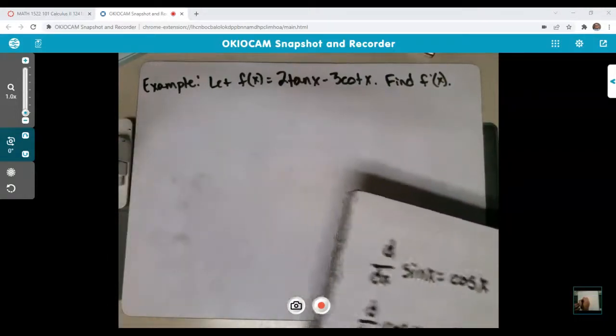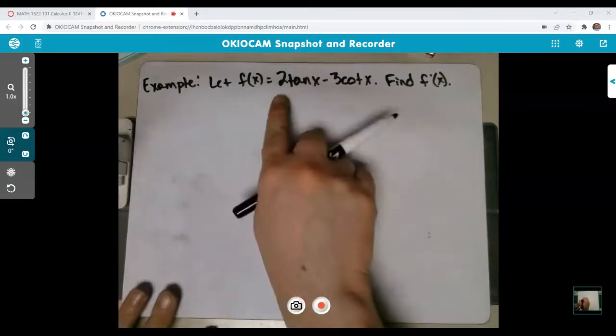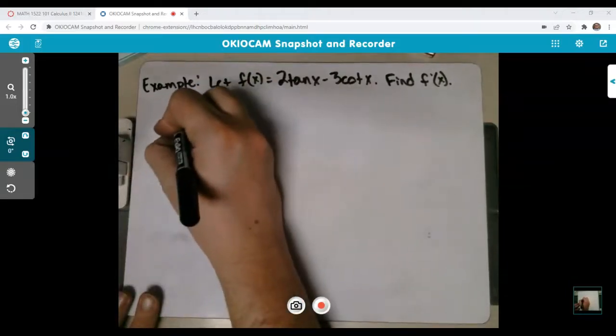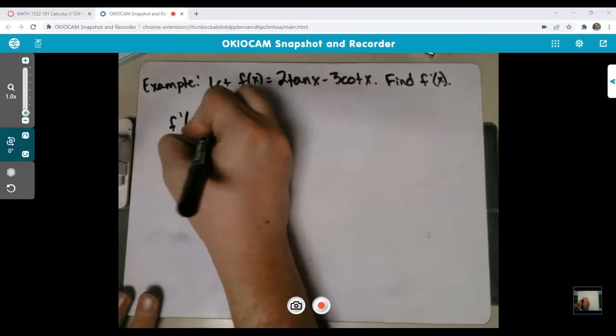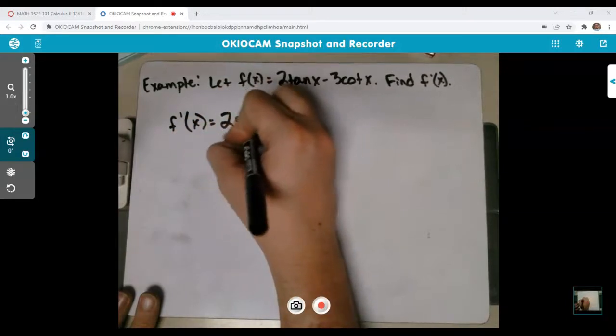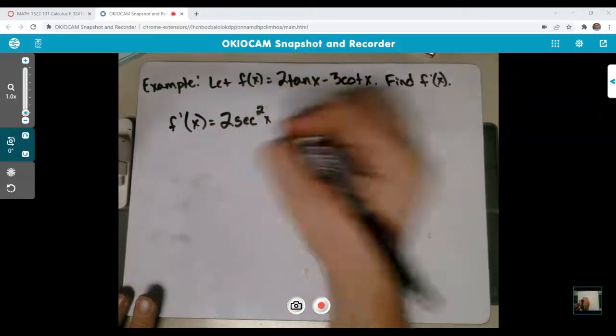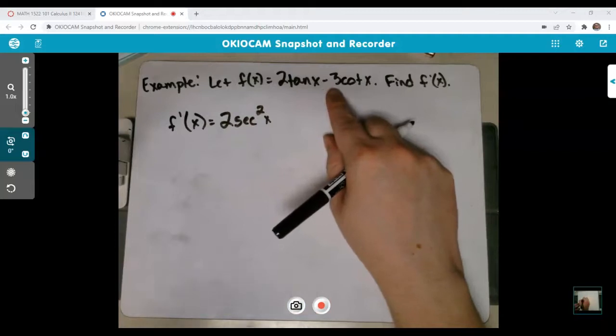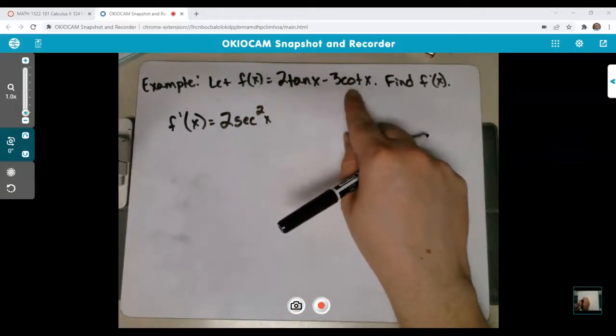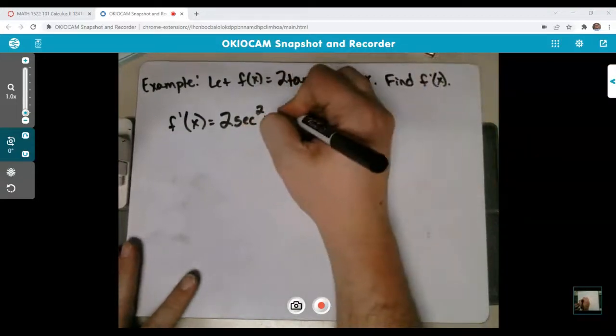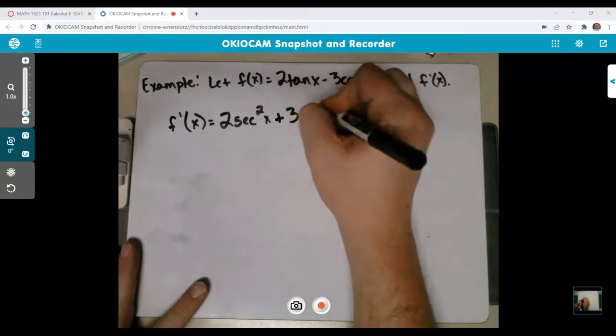So this actually isn't too bad because I can just do 2 times the derivative of tangent, which is secant squared, so 2 secant squared, and then negative 3 times the derivative of cotangent. Well, the derivative of cotangent is negative cosecant squared. So that becomes positive 3 cosecant squared.